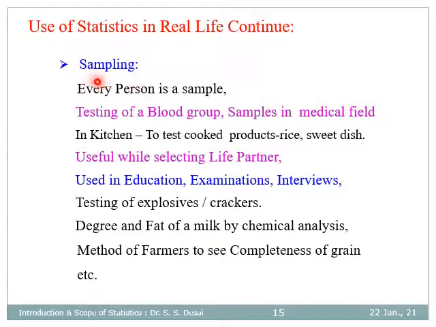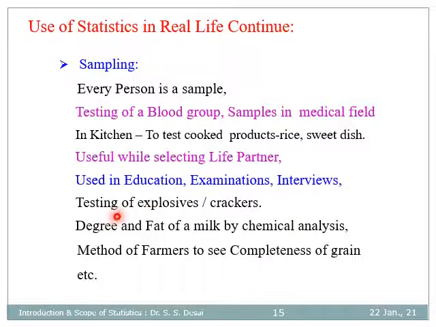There is one concept known as sampling in statistics. That concept is used in testing of blood sugar, blood group, samples in the medical field. In the kitchen, we test cooked products, rice, wheat, sweet dish, etc. Statistics is useful while selecting a life partner. Statistics is used in education, examinations, interviews.